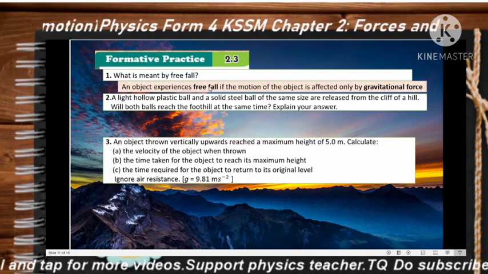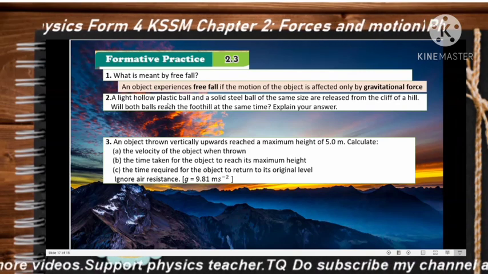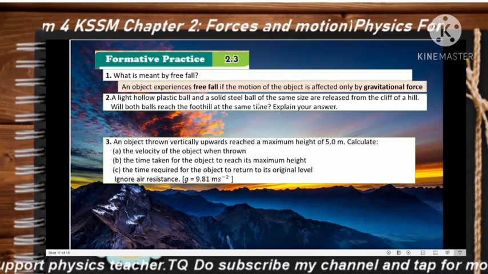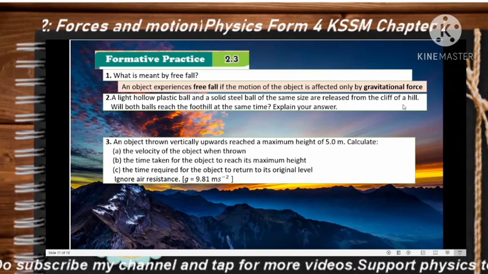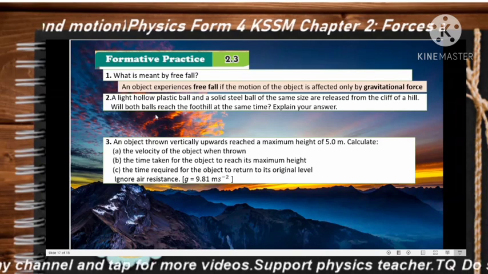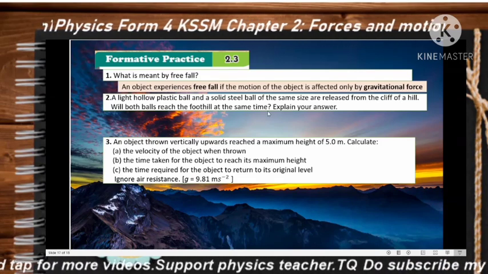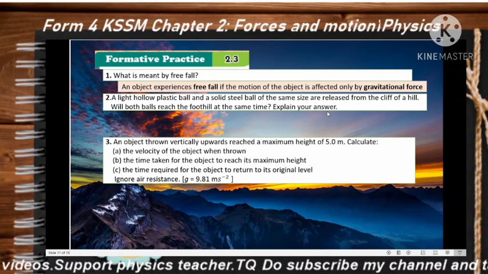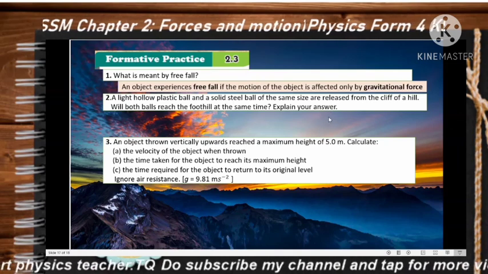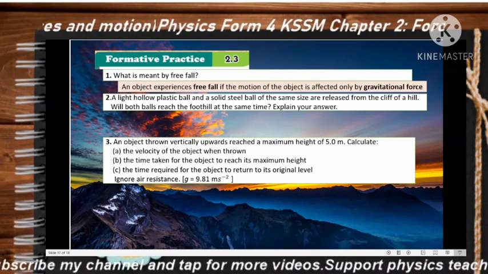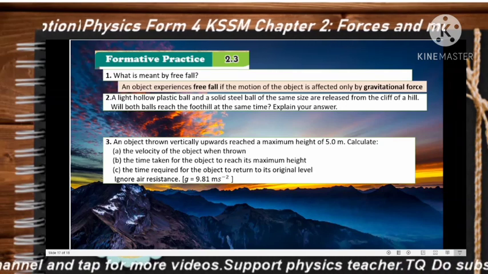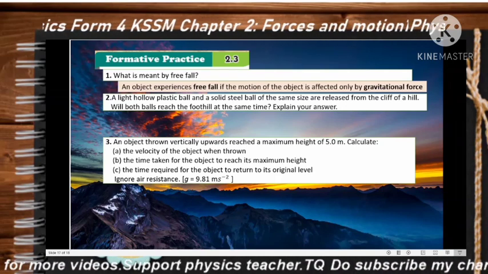You need to memorize. Number 2, a light hollow plastic ball and solid steel ball of the same size are released from cliff of a hill. Will both balls reach the foothill at the same time? Explain your answer. I hope you still remember in my first video, I have shown you when the feather and the steel ball drop in vacuum.